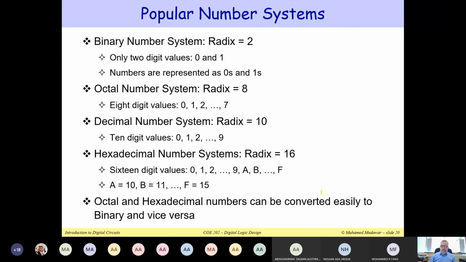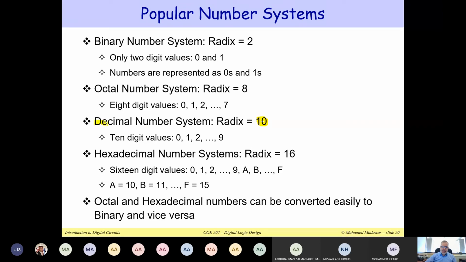Now, there are some popular number systems that people use. For computers, we have to use the binary number system, where the radix is equal to 2. However, we as human beings use the decimal number system, where the radix is equal to 10.